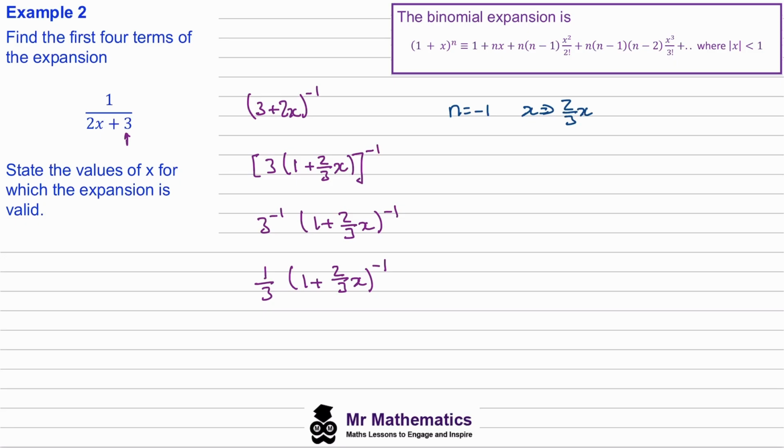Then we can substitute these values into our expansion. So we'll have 1/3, we'll have a 1 term, plus n, which is negative 1, multiplied by x, plus n, then n minus 1, and then the x term squared, divided by 2 factorial, which is just 2.